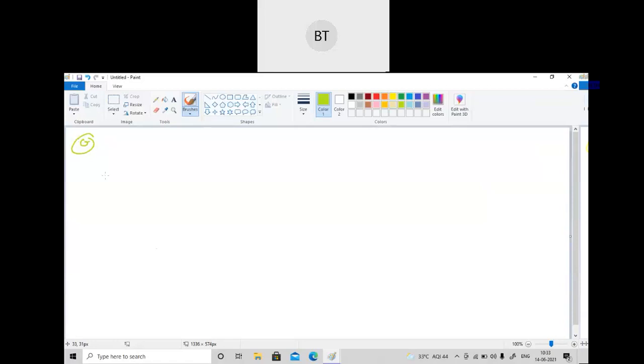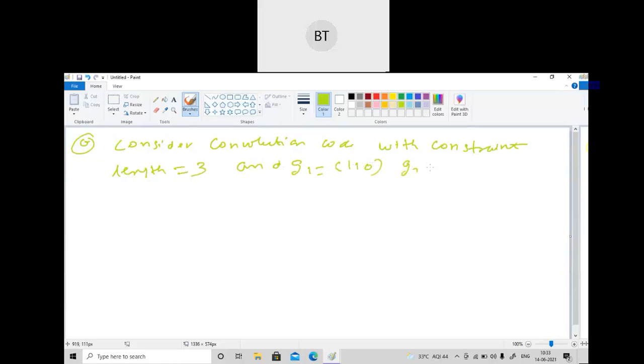So one more question is there. Consider a convolution code with constraint length 3 given to you, and G1 is given as 110, G2 is given as 111.